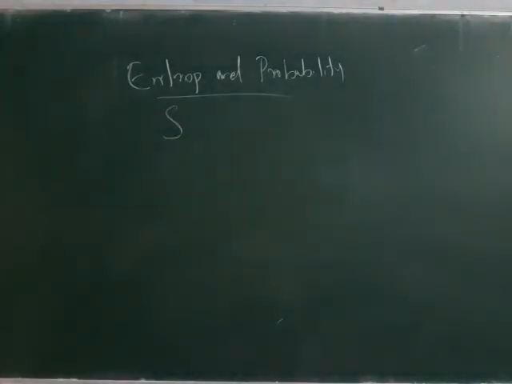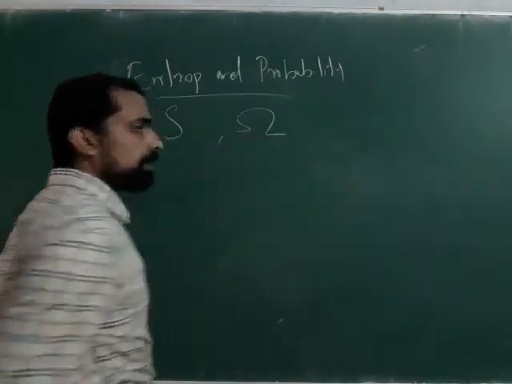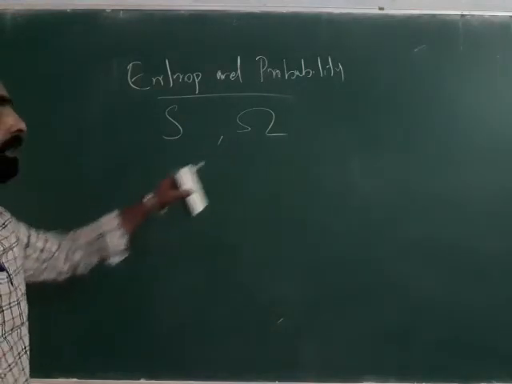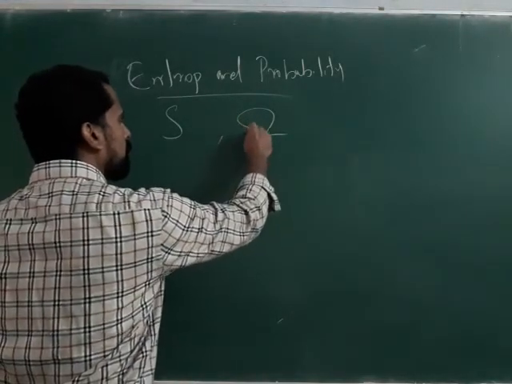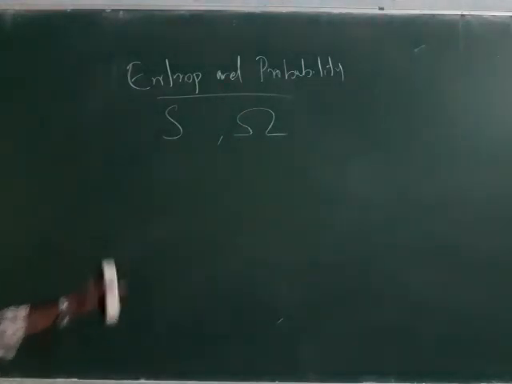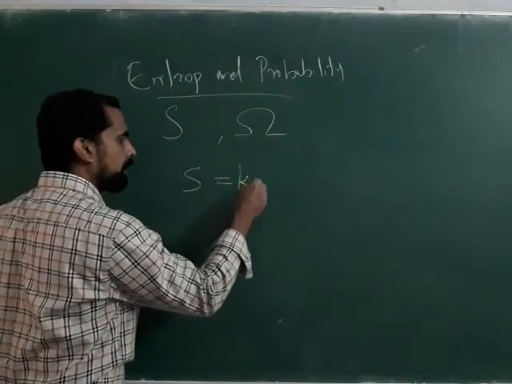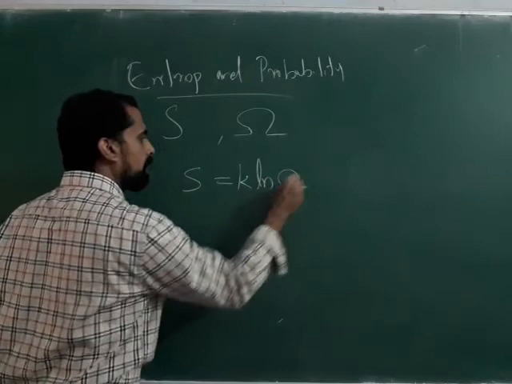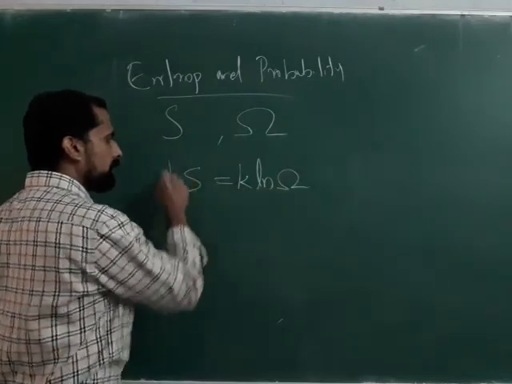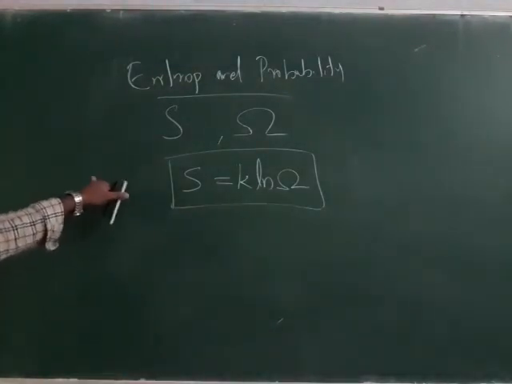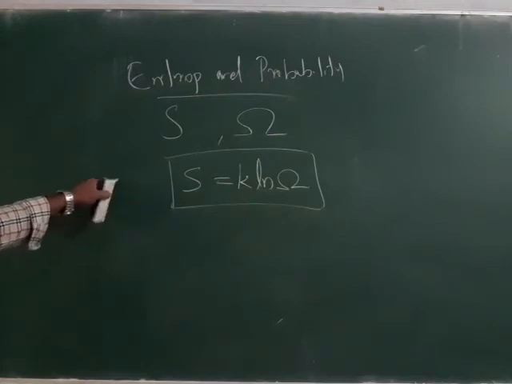If omega is the thermodynamic probability of a particular macrostate, then the relation is S equals K ln omega, where K is the Boltzmann constant, S is the entropy, and omega is the thermodynamic probability of a particular macrostate. So this is the relation.